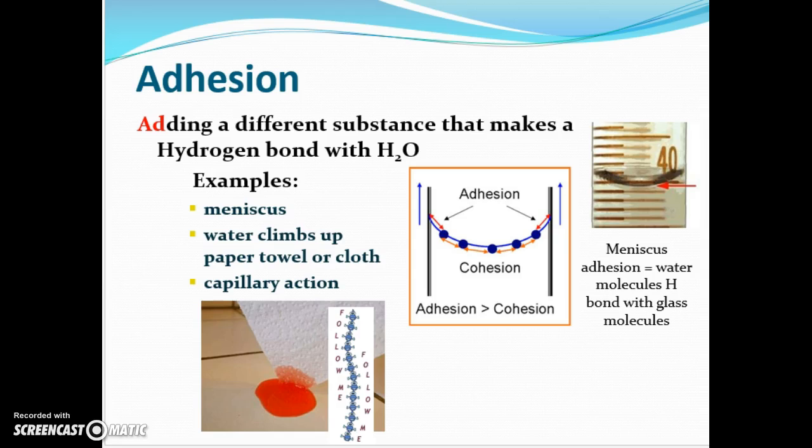And so adhesion is responsible for the meniscus that we see when we look at a graduated cylinder. And you see this arc that occurs. It's because of the attraction between the water molecules or the liquid molecules in the cylinder.